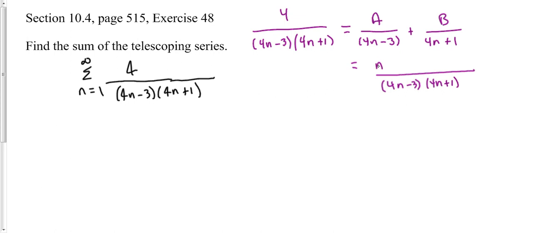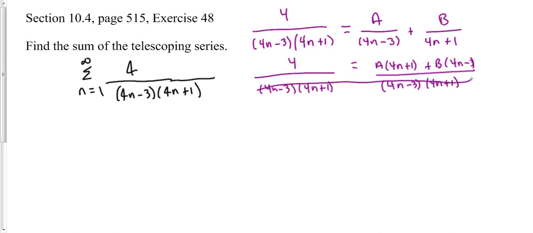So that's going to be A times (4n plus 1) plus B times (4n minus 3), and that's still going to be equal to 4 over (4n minus 3) times (4n plus 1). And of course, we can cross off the denominators.